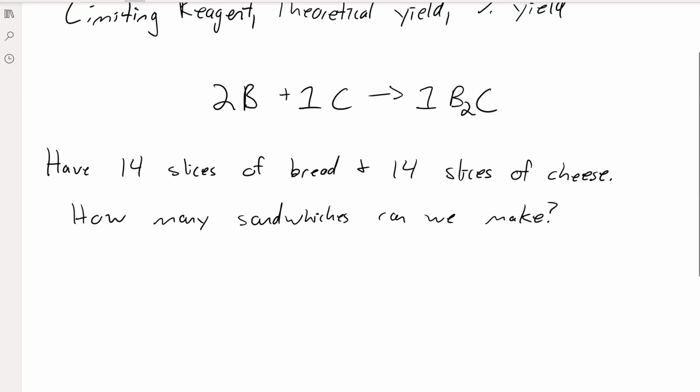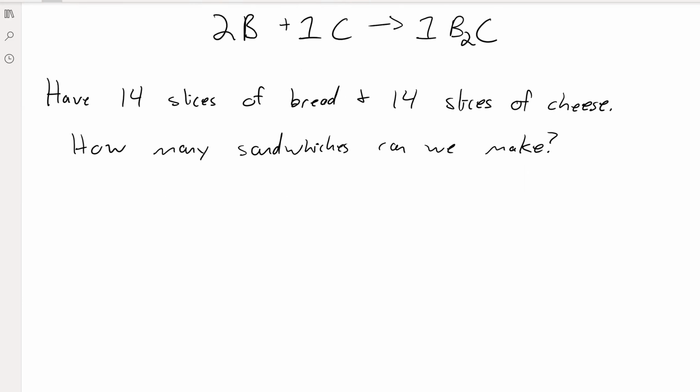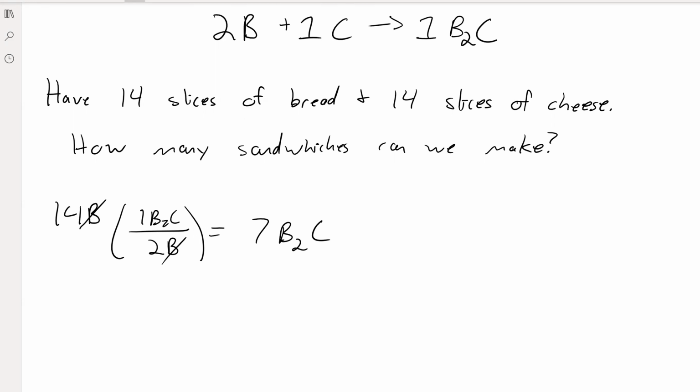Again, you might be able to answer this question off the top of your head, but you still want to be able to show your work, because when it becomes more complex, you want to be able to rely on the method. So we'll take our 14 breads. For every 2 breads, we get 1 sandwich. And that would make 7 sandwiches.